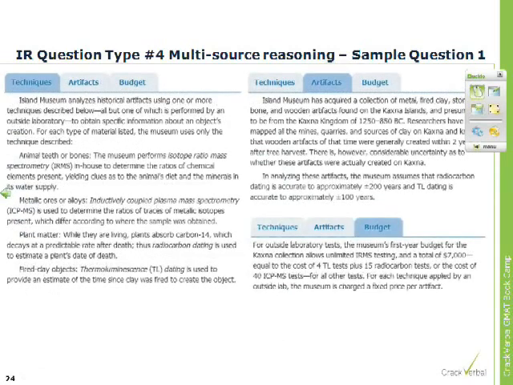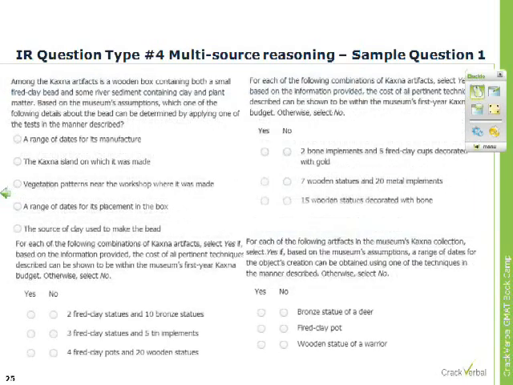Bronze statue of a deer. The only technique the museum would use on a bronze statue is ICP-MS, which would not provide information about the age. So it's not possible to determine the age of the bronze statue.